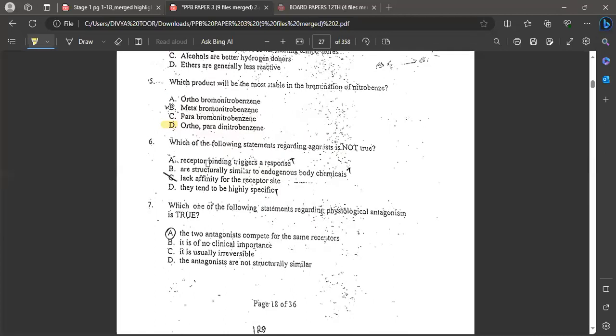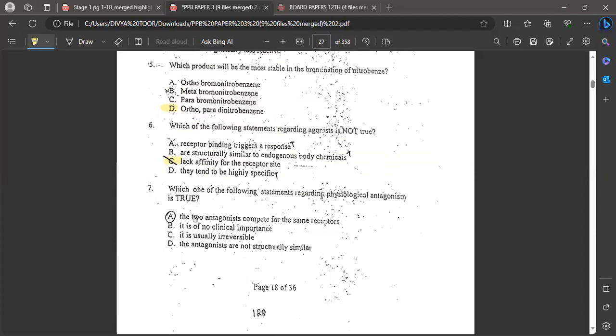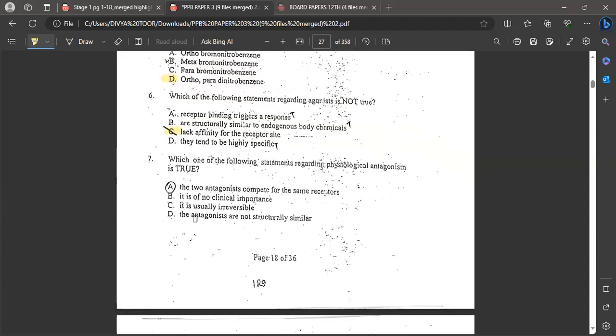Not true is C, I think. They lack affinity, yeah, because they do have some degree of affinity.